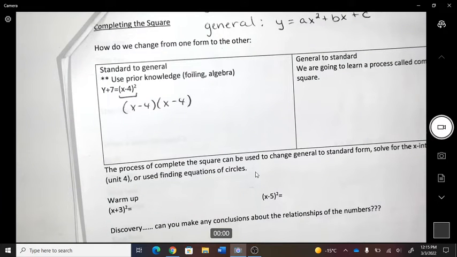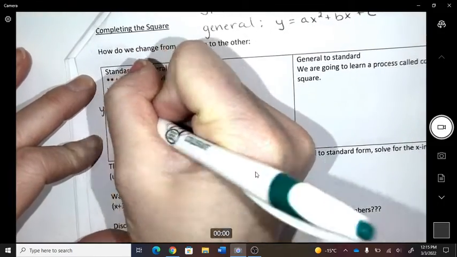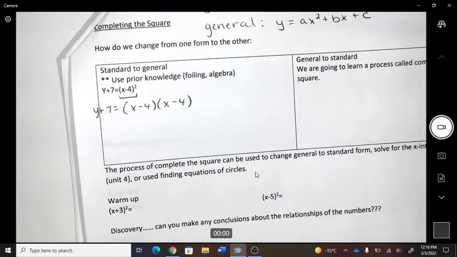Okay? You can't just square the terms. You have to square it like a unit. Okay, when you square it like that, do you realize it's creating a whole FOIL system? So can you do that FOIL for me?